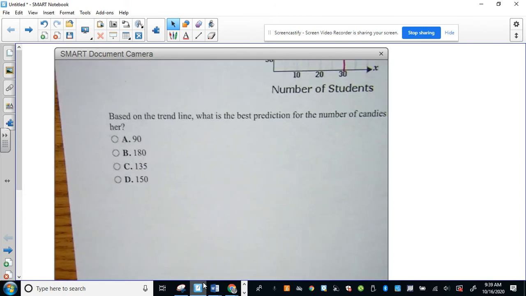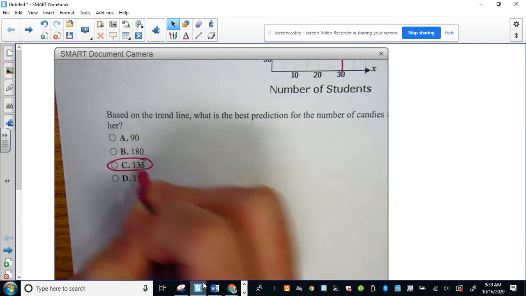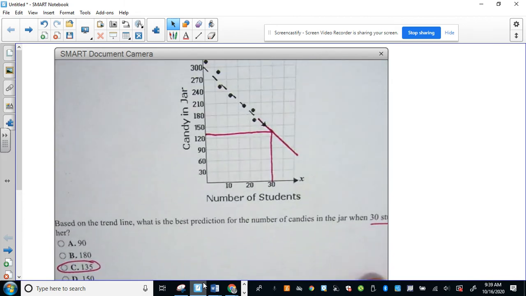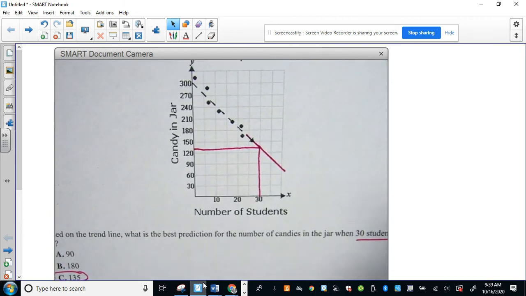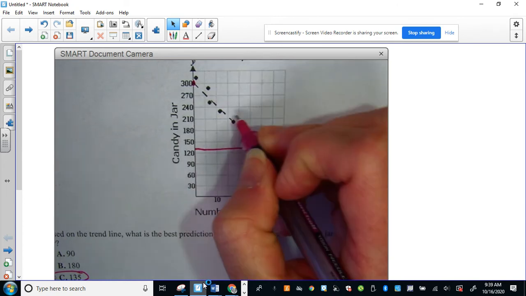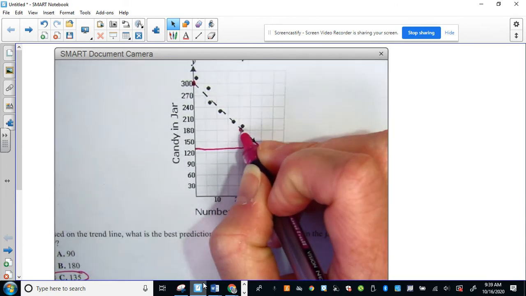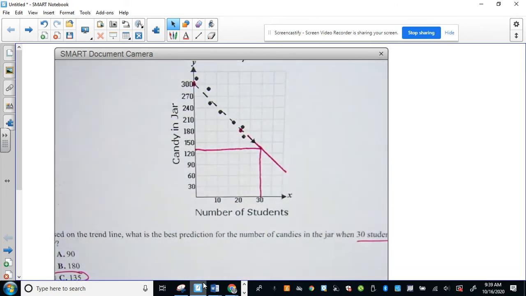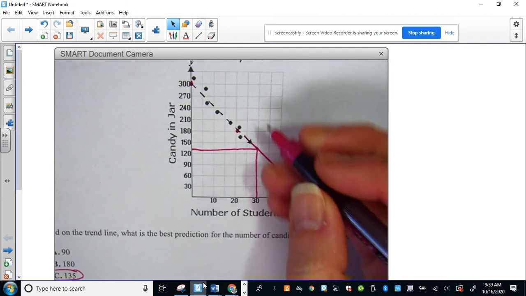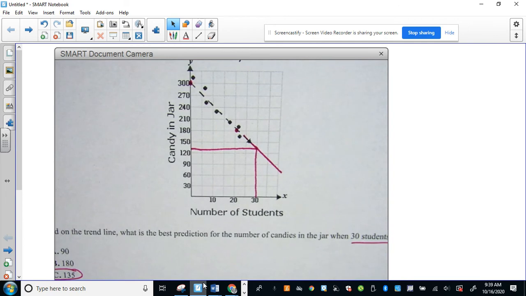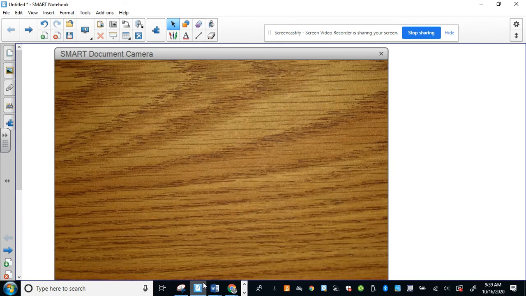So we look at our answer choices, and that would be C. 11 is C. Now, you could have picked 2 points here and about here and found the slope and the y-intercept and got an equation. You could have done this a variety of ways, and then just plugged in 30 for x. That would have worked as well.